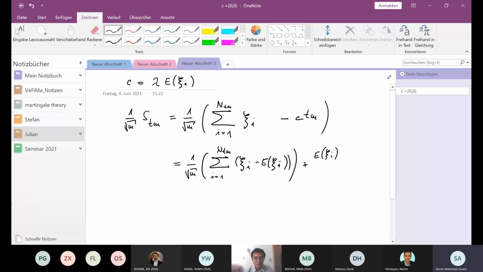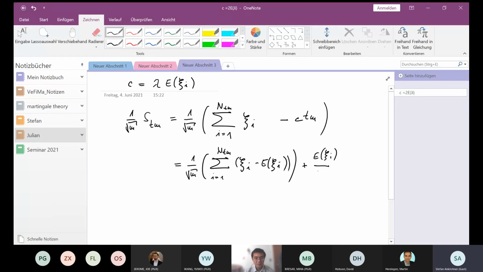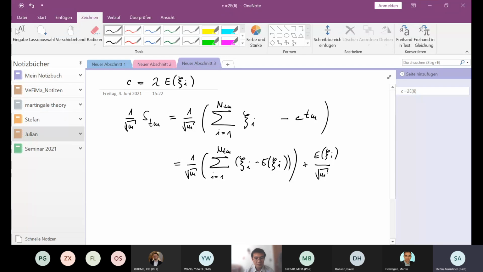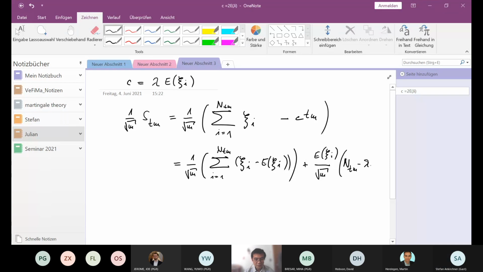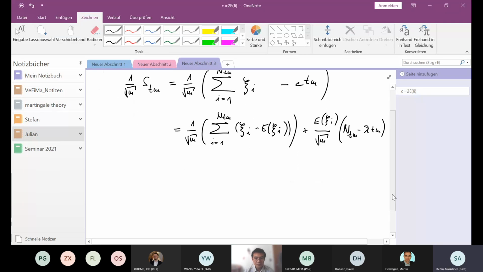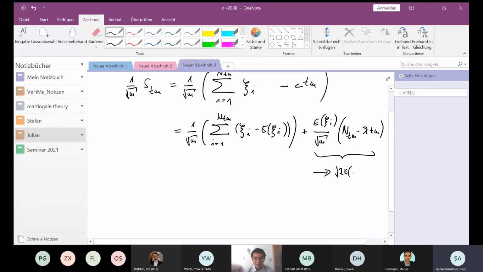So in c, I replace c with lambda times the expectation of xi_i. So we have here a square root of m, then N_{tm} minus lambda tm.